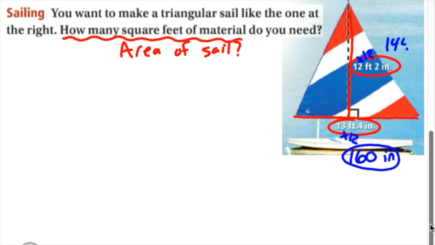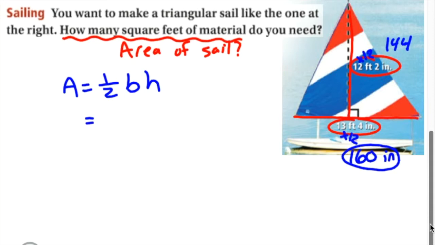Okay, so now that I have this in inches, that's much easier to figure out what I need here. So right now, I have area is 1/2 base times height. And what I have here, I can get an answer in square inches. So let me finish this example up because there's one other trick to it, and then there'll be one short video for the rest of it.